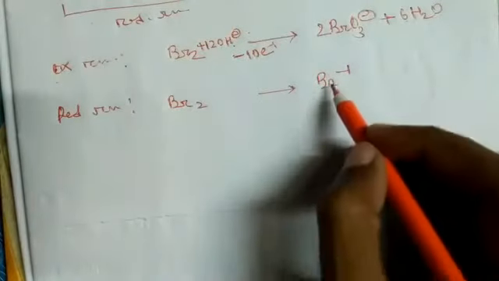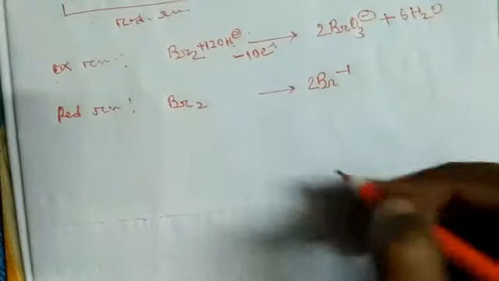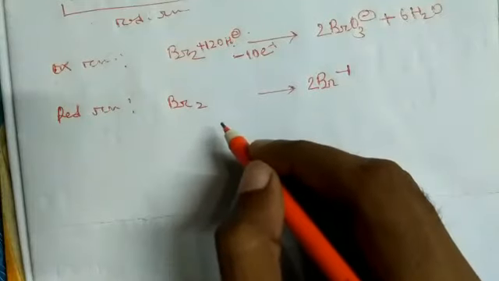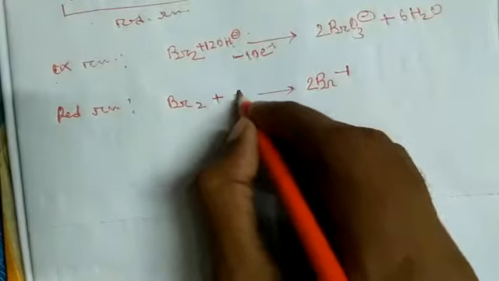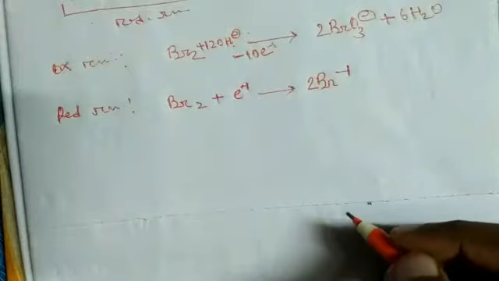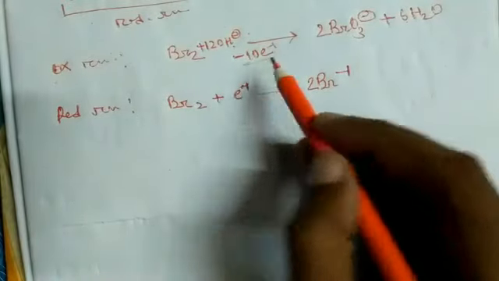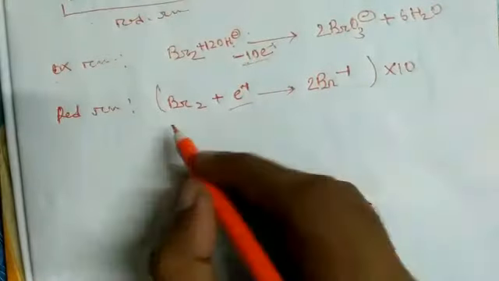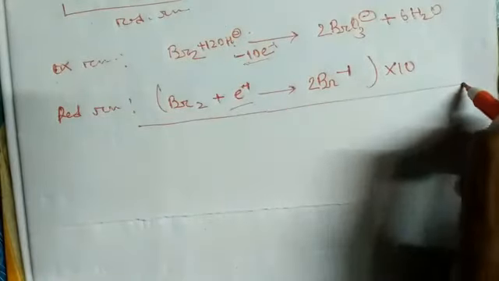Here the number of bromine is 1 and here it is 2, so we have to multiply by 2, and here the charge is -1 and here it is 0, so we have to add 1 negative charge, and that is done by adding an electron, as an electron has 1 negative charge. And in this process the number of electrons involved is 10 in one and 1 in the other, so we have to multiply it by 10 so that the number of electrons in both reduction and oxidation reactions are the same.